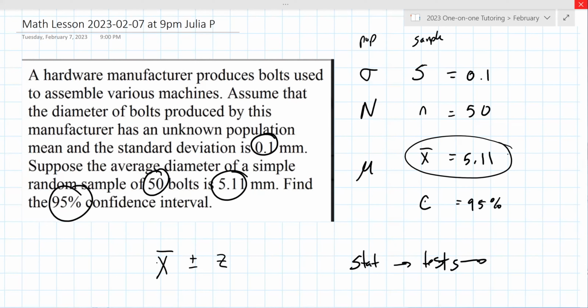Okay, so on your screen, you should see a sigma, an X bar, and an N. Do you see that? Yes. And so you're going to fill those in. Your sigma is 0.1. Your X bar is 5.11. Your N is 50 and 95 for your C. So go ahead and calculate that.